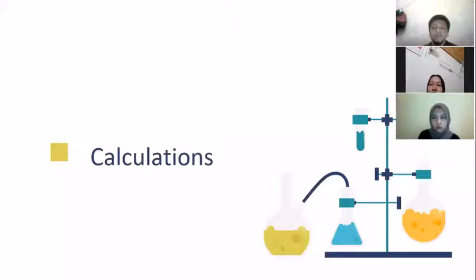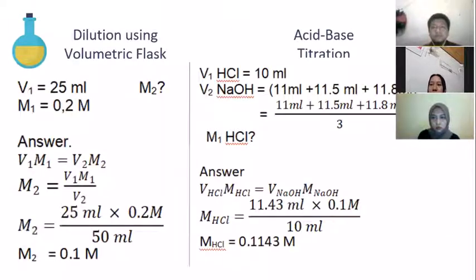Next is the calculations. The first one is calculations for the dilution using volumetric flask experiment, to calculate the concentration 2, or the concentration of hydrogen chloride after the dilution.